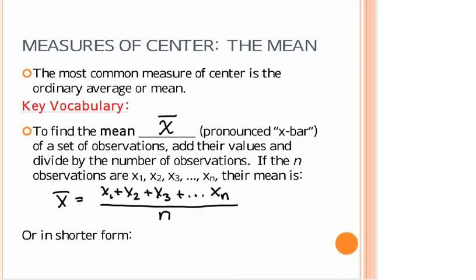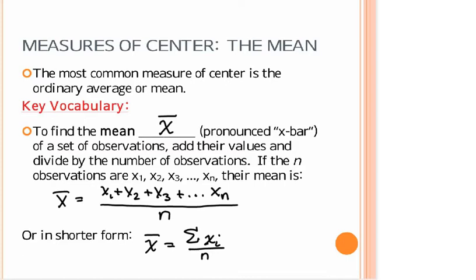We also have a shorter form that we can write this as, using a special new symbol called sigma. So this is x bar equals sigma xi, meaning the sum of all of them, divided by n.